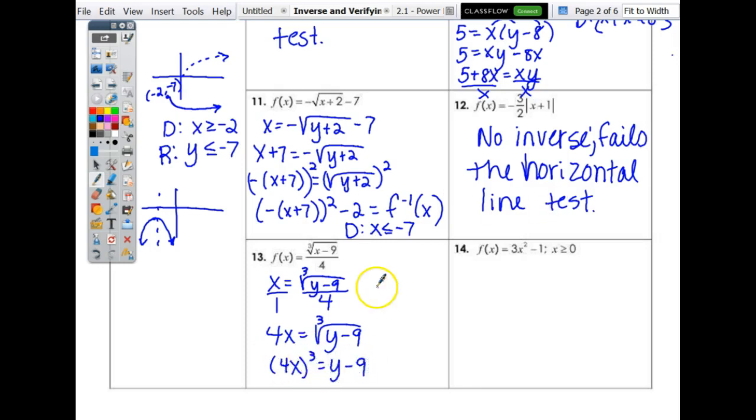So I'm just going to add the 9 then. So the 4, is it a horizontal stretch or horizontal compression? Compression of a 4th.